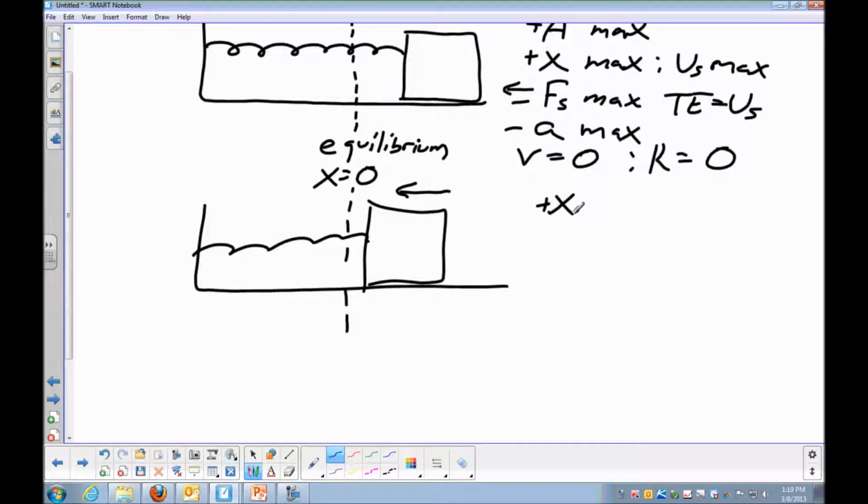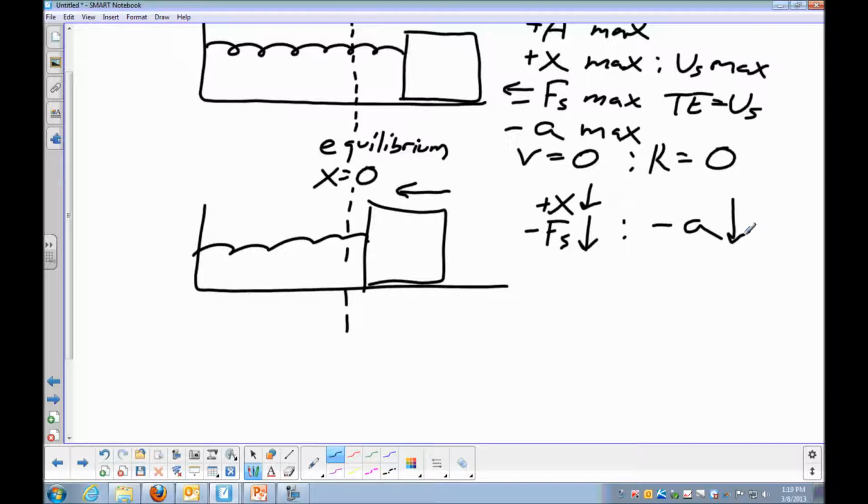This means my spring force is still negative, and it's decreasing. Because my x displacement is going down, my spring force is also going down. If my spring force is negative, I have negative acceleration, and if my spring force is going down, my acceleration is going down.